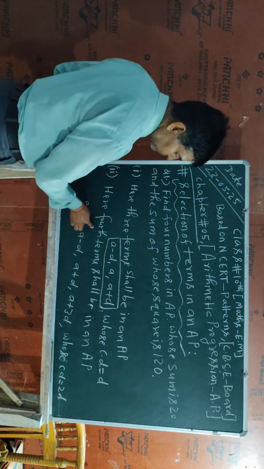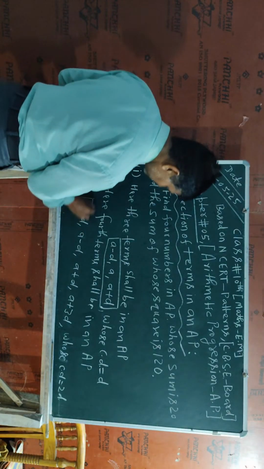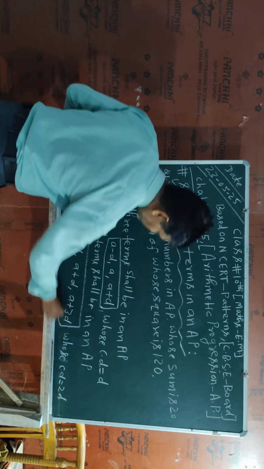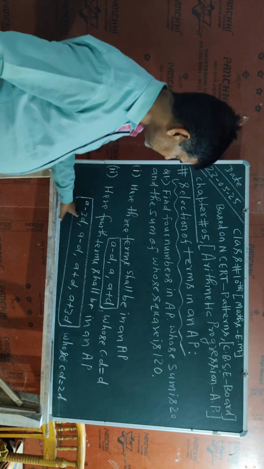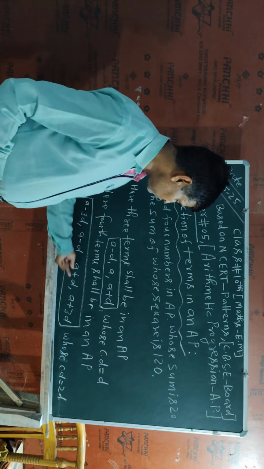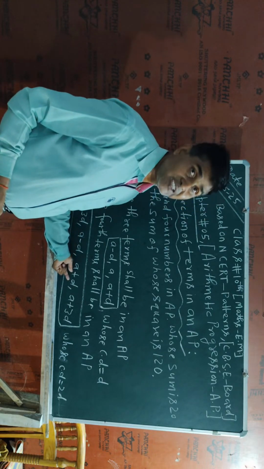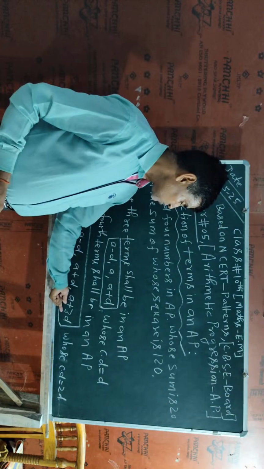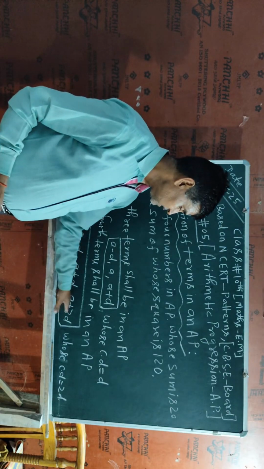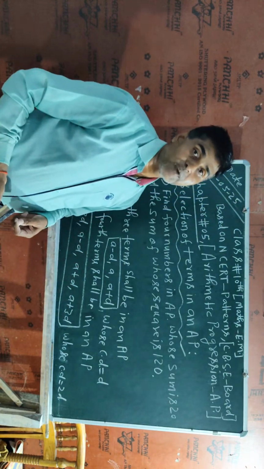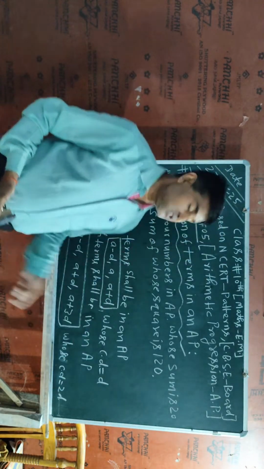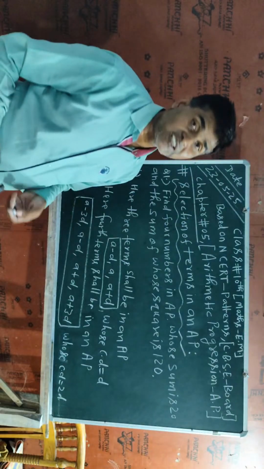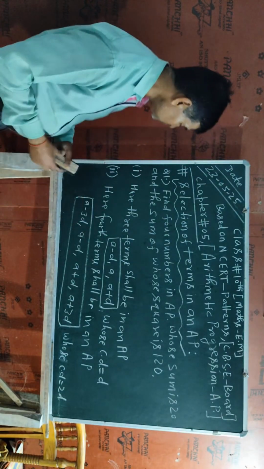But in the case of four terms, the student has to remember this formula: the first term will be a minus 3d, the second term will be a minus d, the third term will be a plus d, and the fourth term will be a plus 3d. In this case I calculate the common difference, which will be 2d. So the student has to remember these two points.